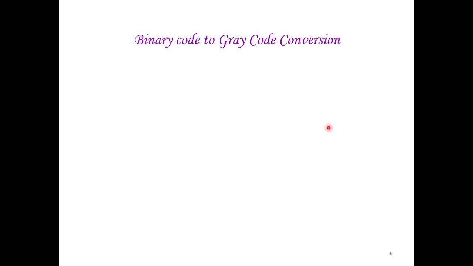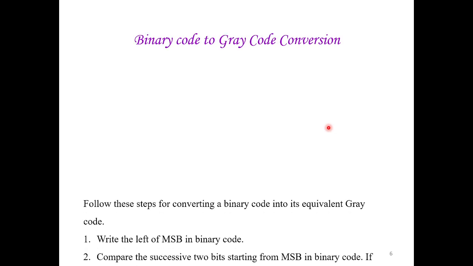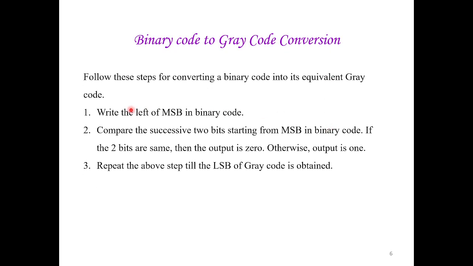And how to convert a binary code to gray code? These are the steps. Write the leftmost MSB bit of the binary code, whatever the MSB bit is, write it as it is. Then compare the successive 2 bits starting from the MSB in the binary code. If the 2 bits are the same, then the output is 0, otherwise the output is 1.